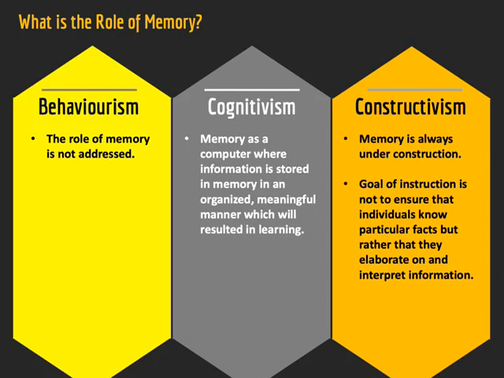And according to constructivism, memory is always under construction because the goal of instruction is not to ensure that individuals know particular facts, but rather that they elaborate on and interpret information.